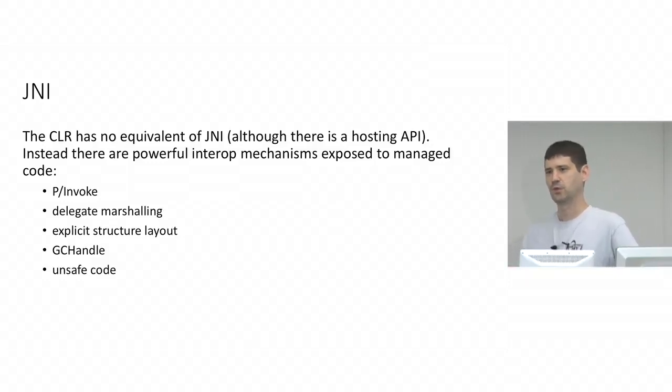So you have a class called Marshal that has ways to convert value types essentially to native code, or to convert a native pointer into a value type, or delegates, which are a function pointer, into a native function pointer. So if you want to do a callback from your native code to Java or to .NET, you can do that.